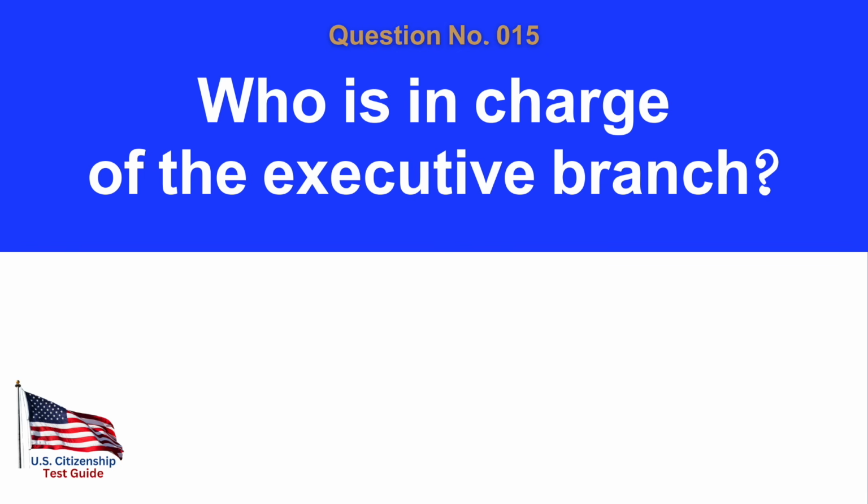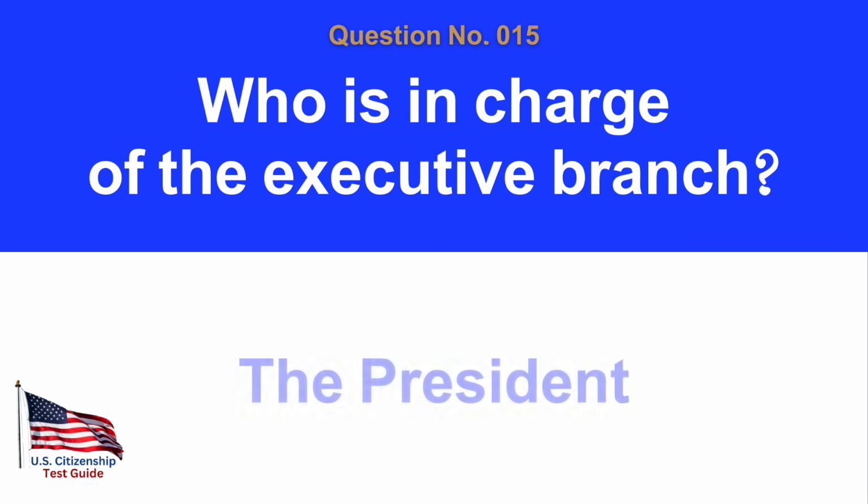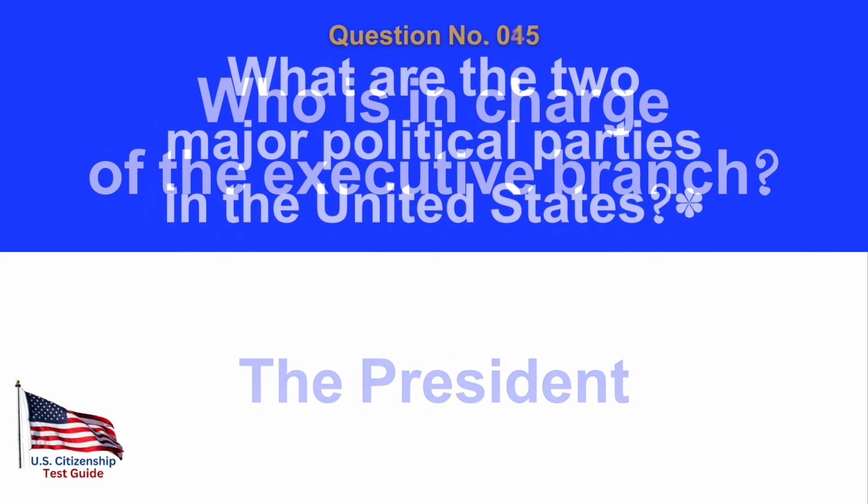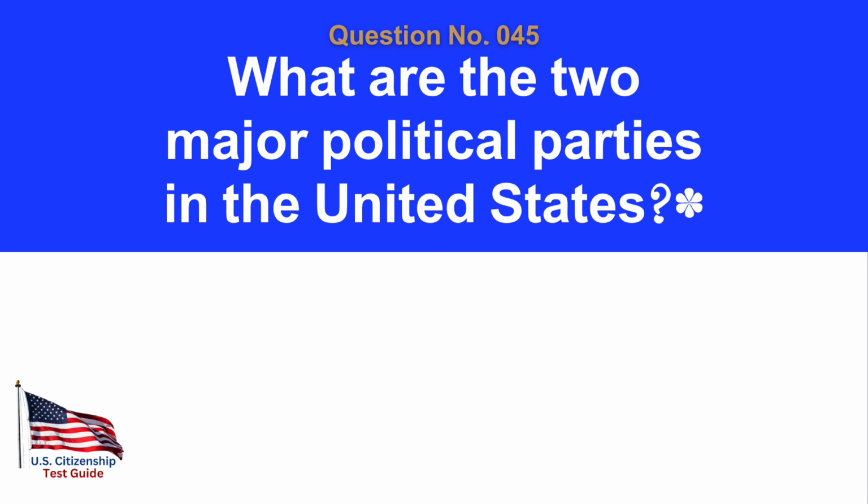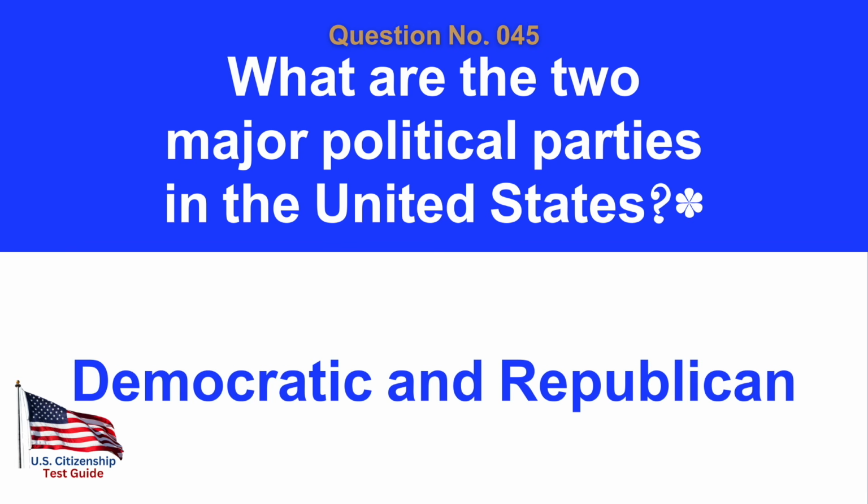Who is in charge of the executive branch? The President. What are the two major political parties in the United States? Democratic and Republican.